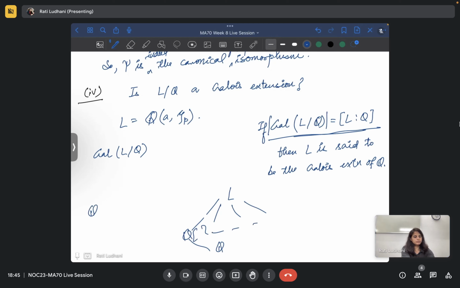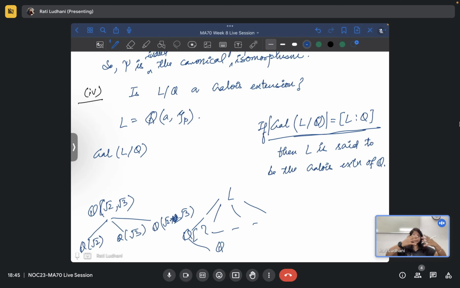For example, if you have root 2 comma root 3, we did it last time. You have Q root 2, you have Q root 3, so many, like root 2 plus root 3. There could be multiplication, there could be so many subfields even generated by 3 elements.